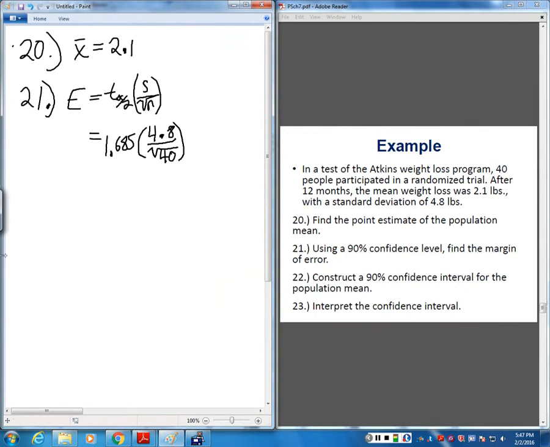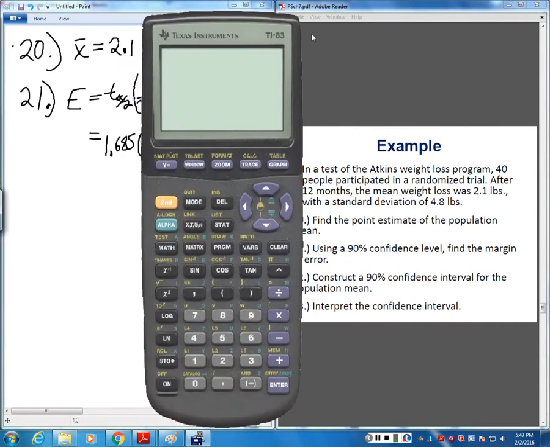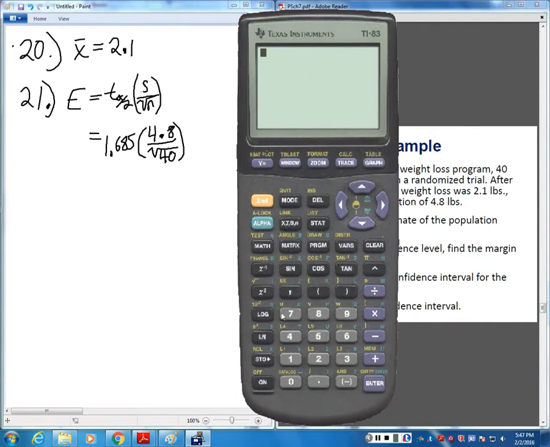All right, now I'll use a calculator to find that value. And I can type it in exactly as it appears, 1.685 times, using parentheses, 4.8 divided by square root of 40.